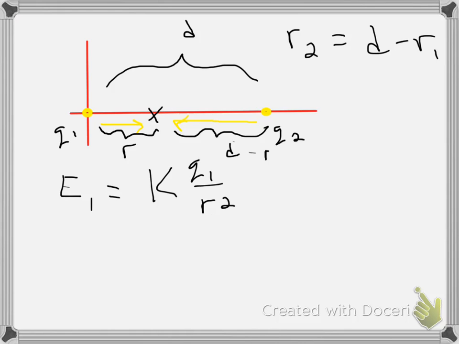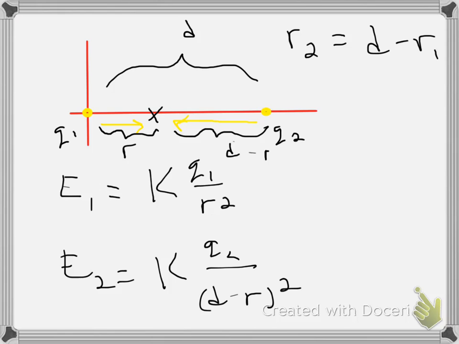Okay, so I've got the distance R is what I'm looking for. I've got D minus R, which is the distance from the observation point to Q2, and I think I'm in good shape. So I'm going to write down the electric field now for Q2. I've got K Q2 over D minus R squared.